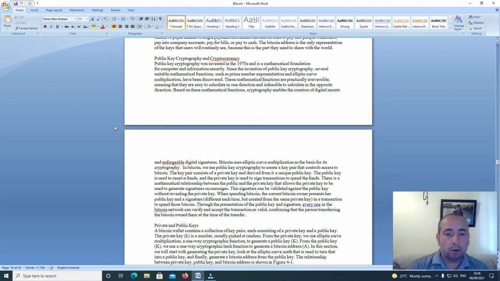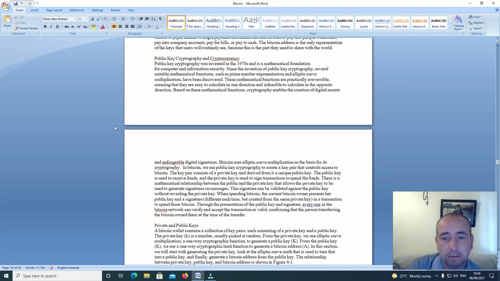Public key cryptography and cryptocurrency. Public key cryptography was invented in the 1970s and is a mathematical foundation for computer and information security. Since the invention of public key cryptography, several suitable mathematical functions, such as prime number exponentiation and elliptic curve multiplication, have been discovered.